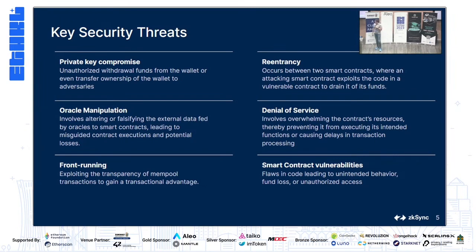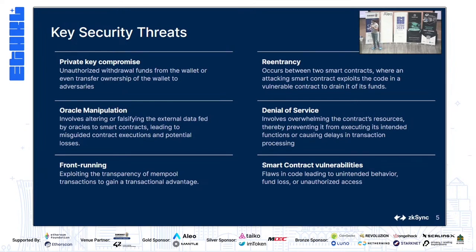This is quite a sneaky attack where the attacker uses the transparency of the blockchain, and he can see when a specific transaction is in the queue, and he can put his own transaction before your transaction if the fee is higher than that of the transaction that he targeted.